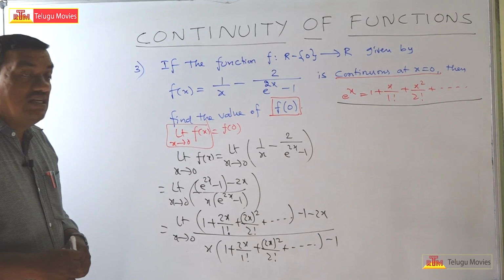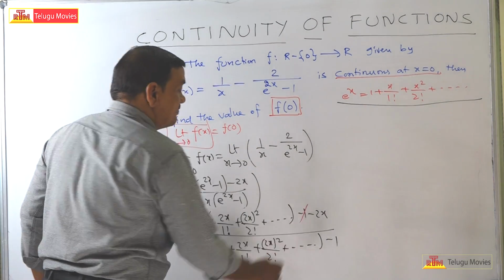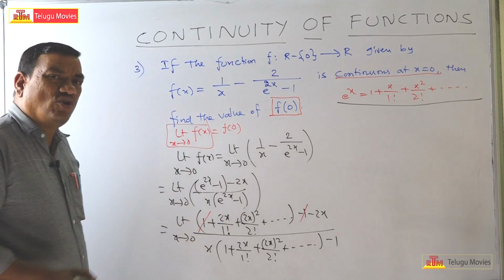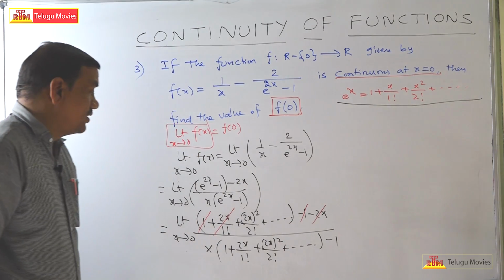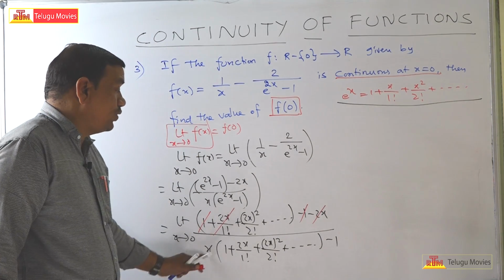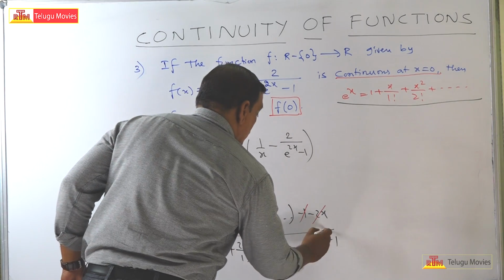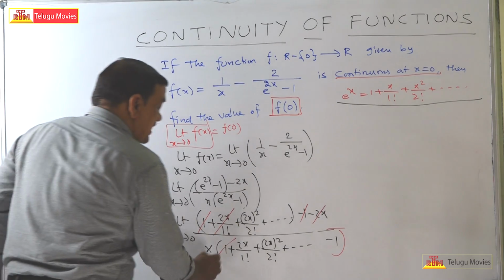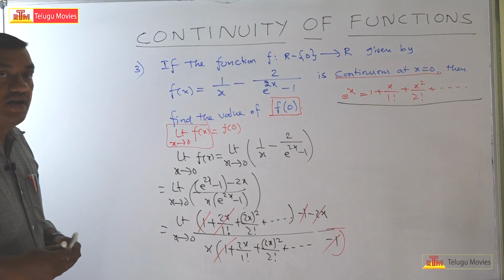Are any cancellations there? Yes. Plus 1 minus 1 will get cancelled, plus 2x by 1 factorial, 1 factorial means 1, so plus 2x minus 2x is cancelled. In the denominator, the plus 1 minus 1 inside the bracket, e power 2x minus 1, you can cancel it too.